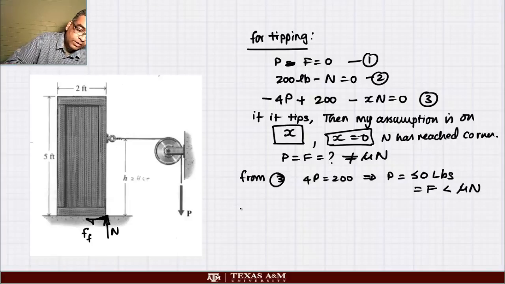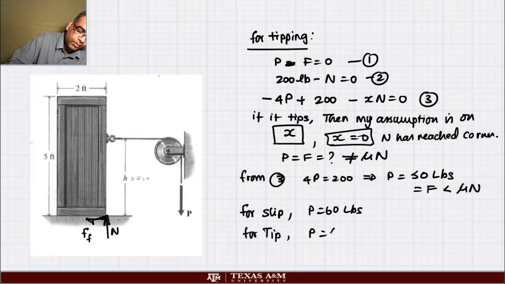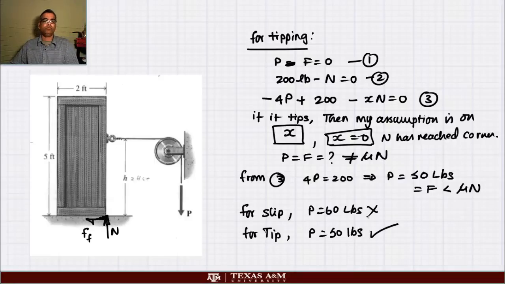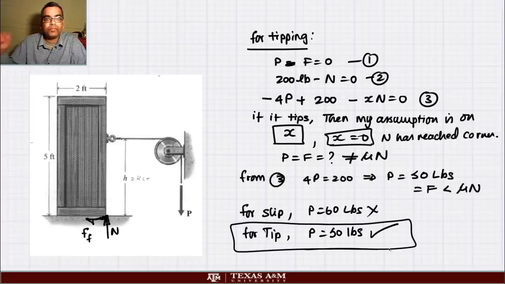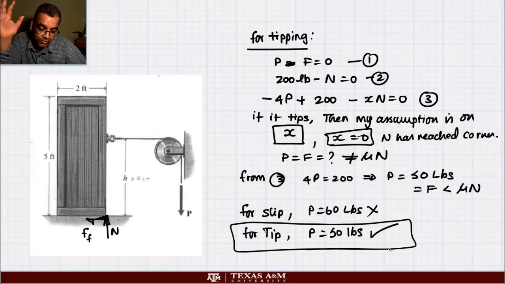Right? So notice, for slip I need P equal to 60 pounds. For tip I need P equal to 50 pounds. So this will occur, this won't occur. Lower value is what will cause the thing to tip. Okay, that's how it works.